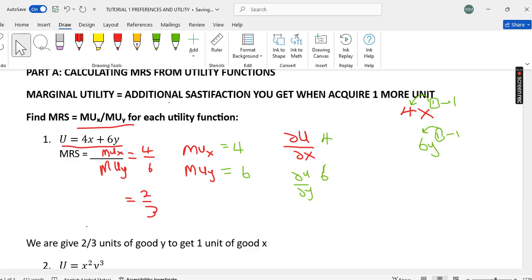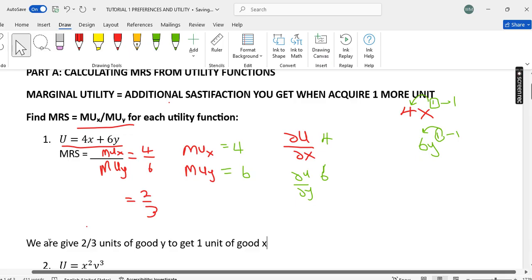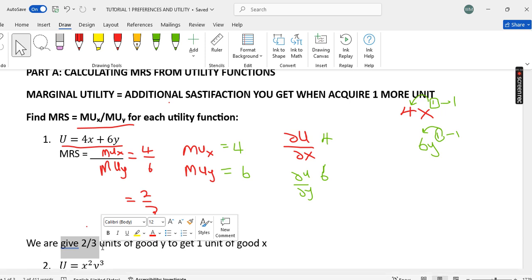Remember, marginal rate of substitution is the trade-off rate. So the trade-off rate is 2 over 3 units of y. If you want to get 1 unit of x, you give up 2 over 3 units of y.